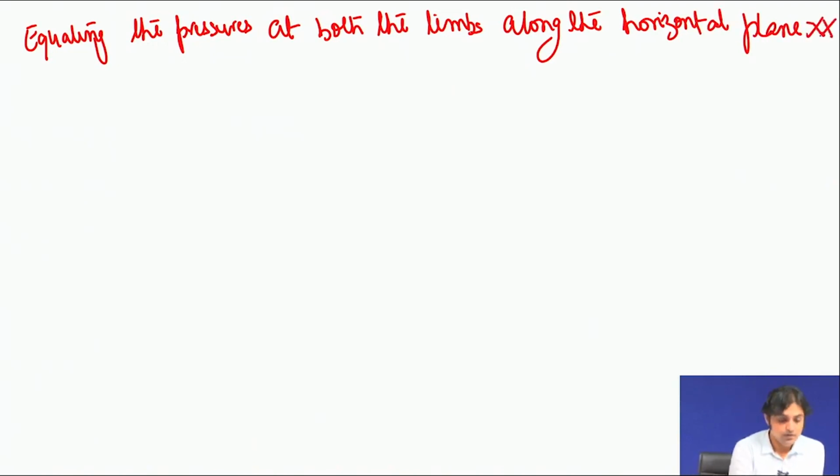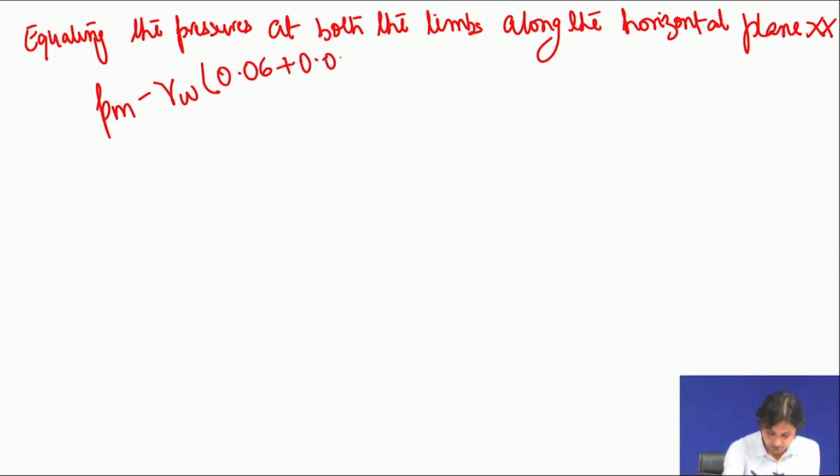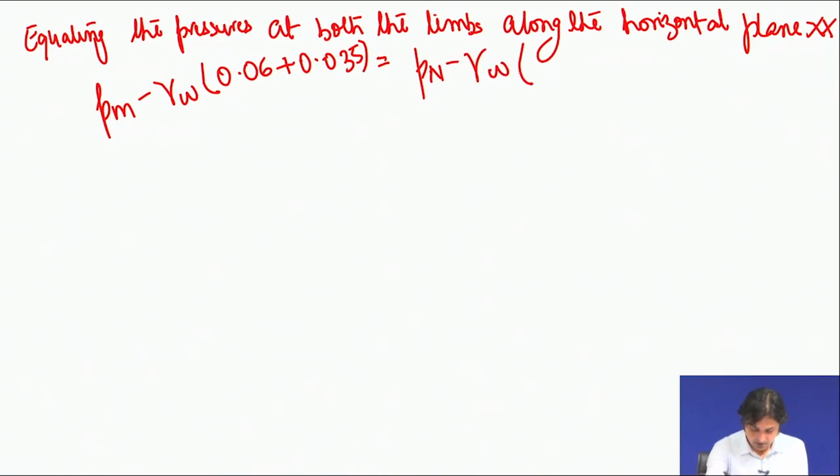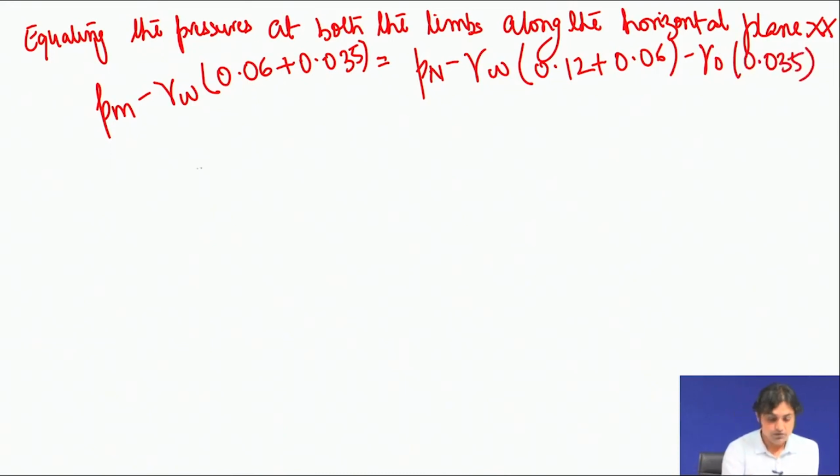So PM minus gamma W into 0.06 plus 0.035 will give us PN minus gamma W into 0.12 plus 0.06 minus gamma naught into 0.035.